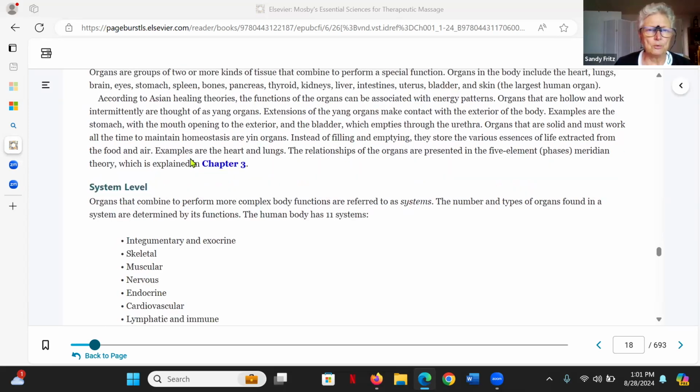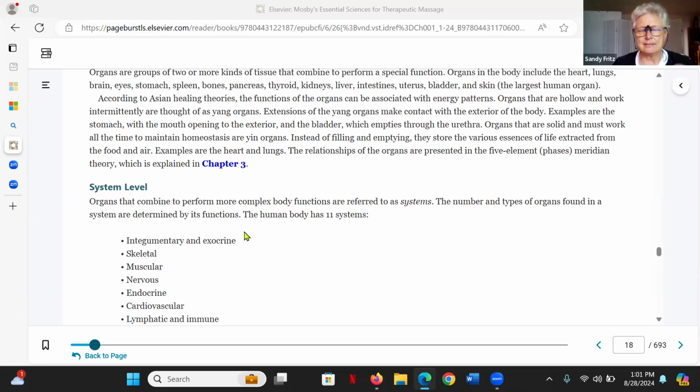And then we go through the system, how the heart coordinates with the blood vessels, and there's a connection even with the lymphatic system.